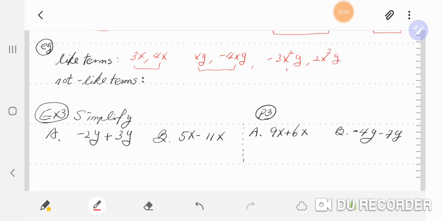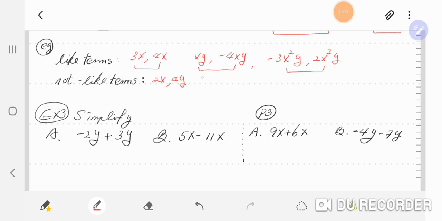Are they like terms? Yes, because variable x has the same square, and there's a variable y, so they are the same. Okay, how about not like terms? Not like terms is this: 2x and 4y. They are different, not like terms, because this one has variable x and this is variable y, different variables. So these are not like terms.